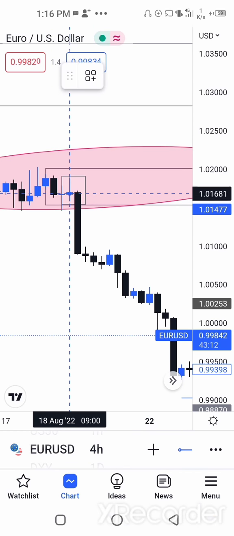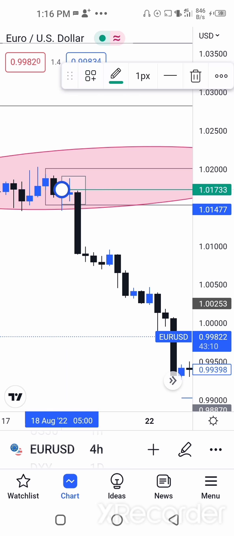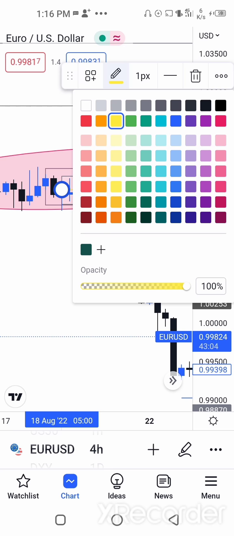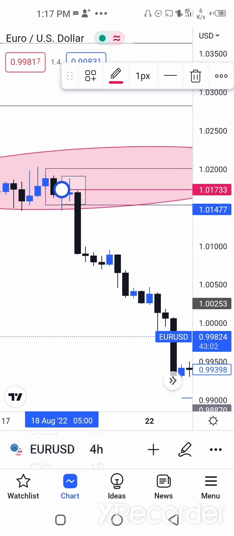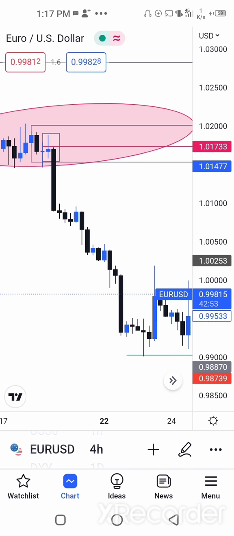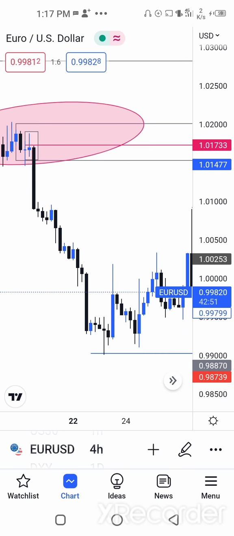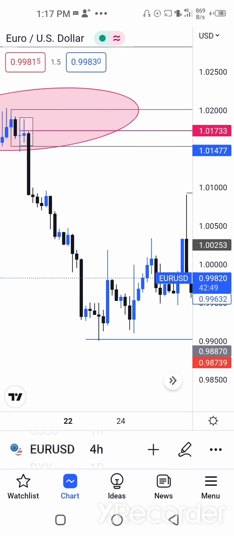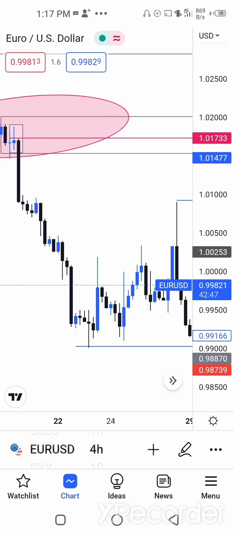Dropping a horizontal line on it, let's make it red. So we're trying to spot out and look out for when price gets to that zone. Actually we're waiting for price to get to this zone, because price hasn't gotten there yet.